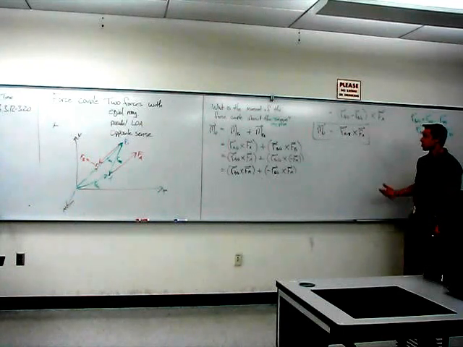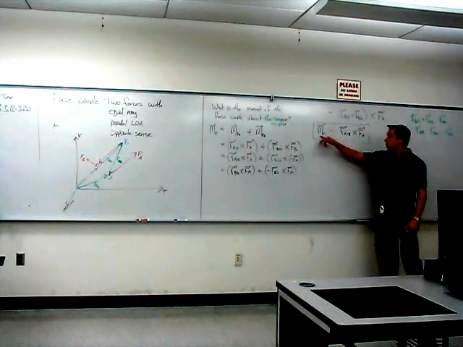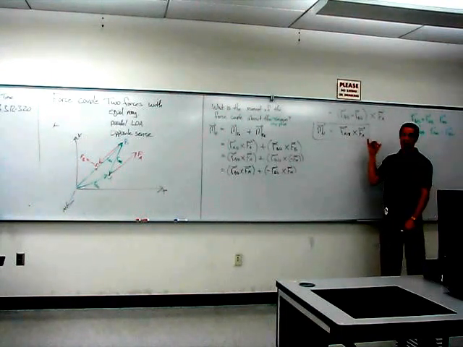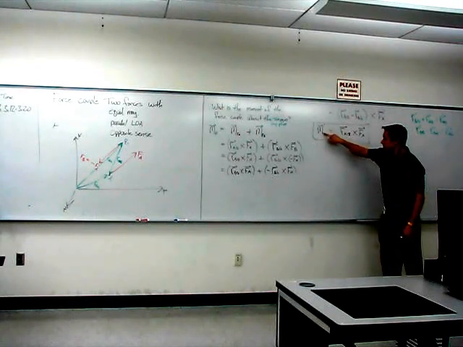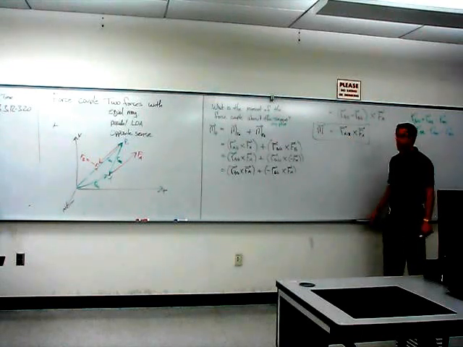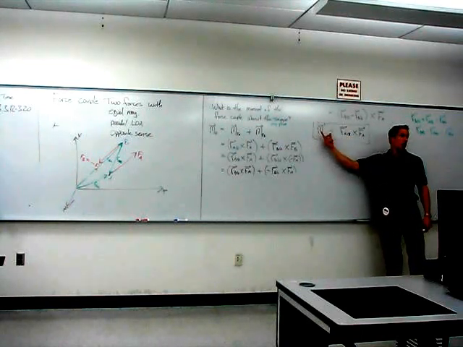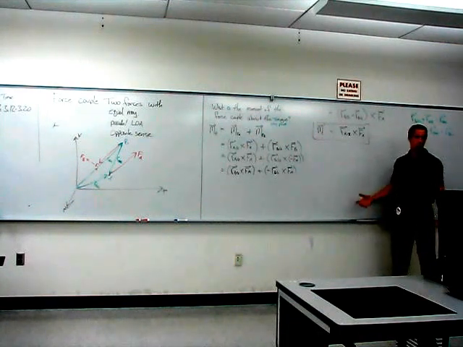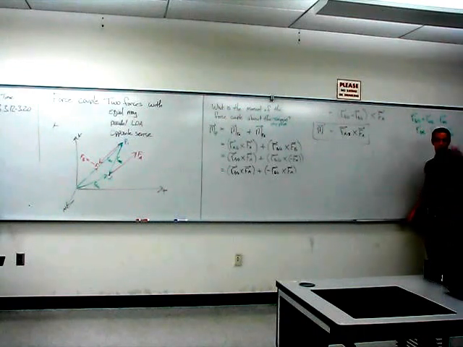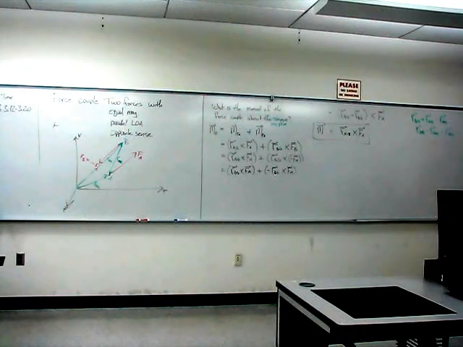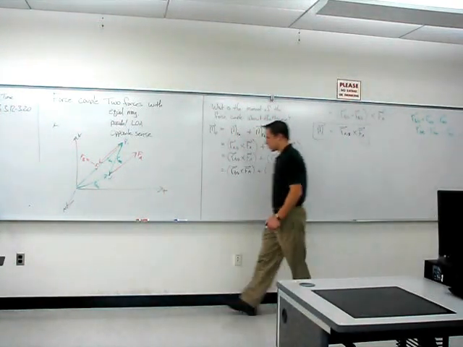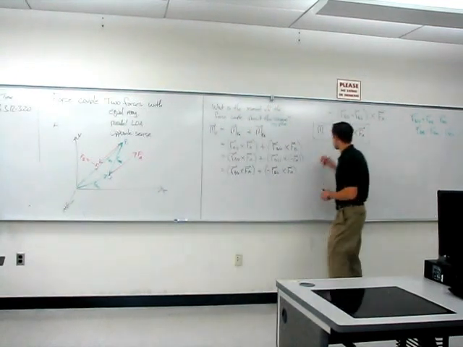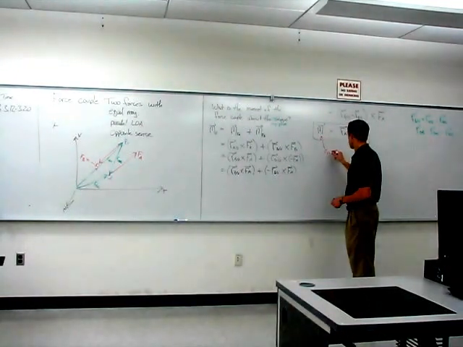So this is an important point: the moment of a force couple does not depend on the point. So what I might do is take that subscript out, because if the point doesn't matter, why even bother putting it there? The moment of a force couple about a point, period, is here, whatever the point happens to be. Whether you choose point C, point D, point E, point F, you're always going to get that same result. So we call this moment vector that we get for a force couple a free vector.